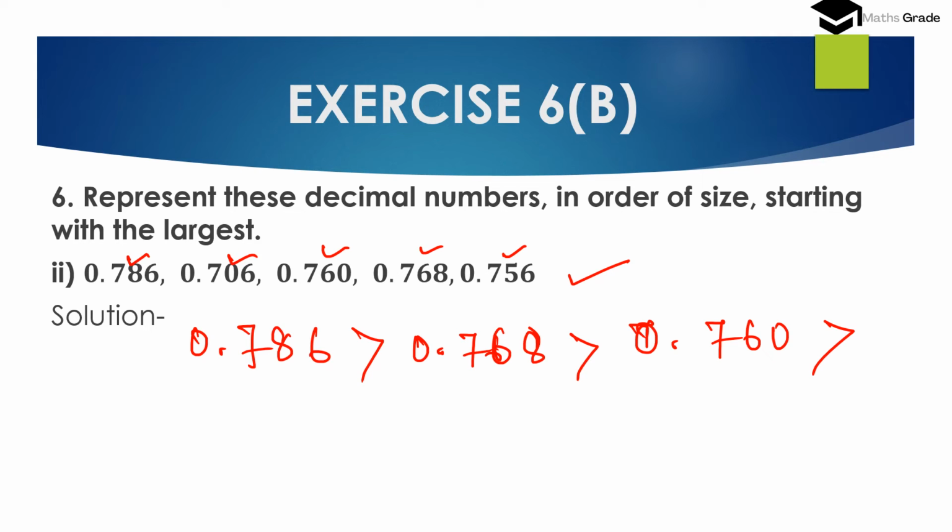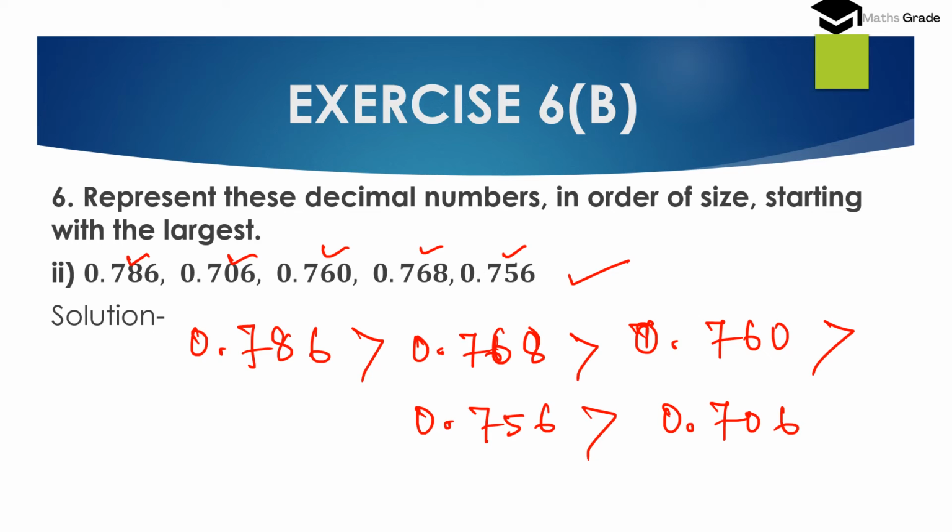Then after 6, in the 100th place it is 5, 0.756. 5 is the smallest digit in the 100th place apart from 0. After 5, 0 is the smallest digit, so 0.706.